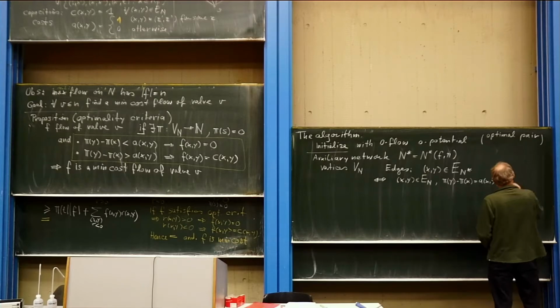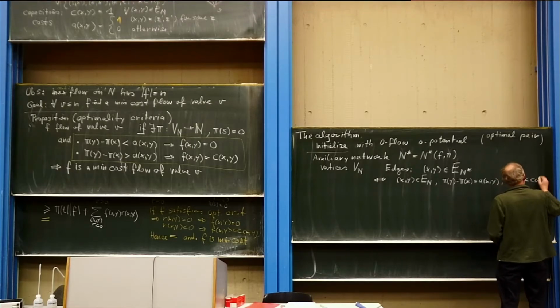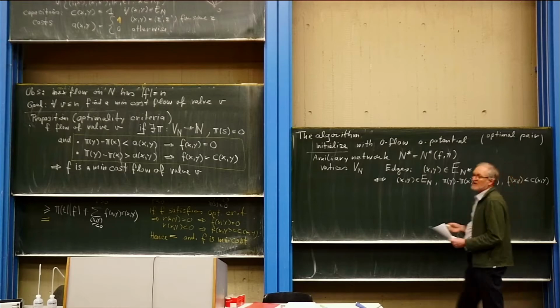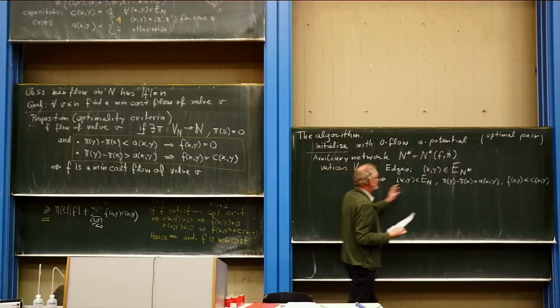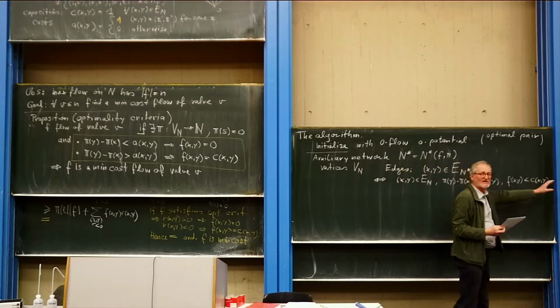And we have that the flow is below the capacity of the edge. So in this case, we still have capacity for flow in the direction of x to y.